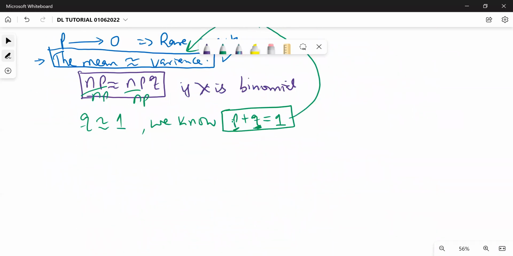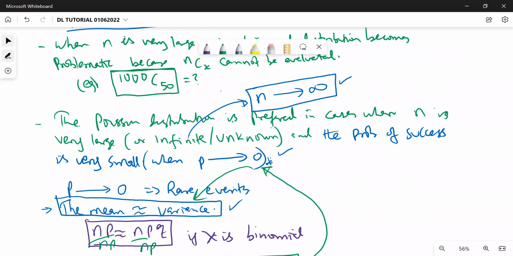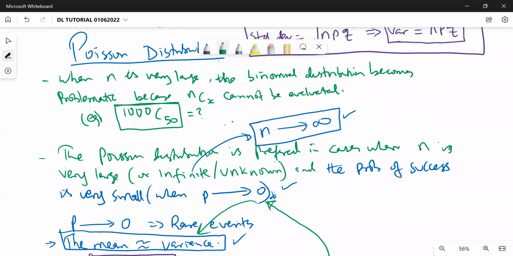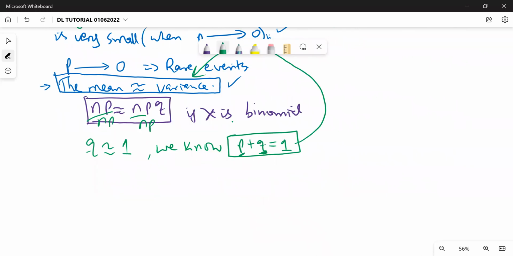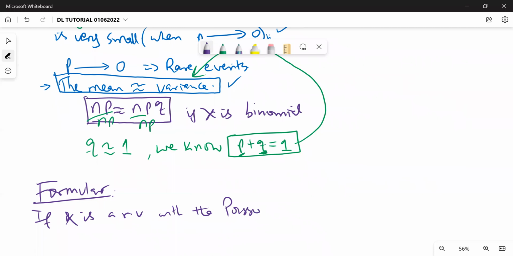Now, I guess we're able to pick the three main properties for the Poisson distribution. Then the formula that we use for the Poisson distribution is as follows. If X is a random variable following the Poisson distribution with mean lambda, with the mean given by that symbol lambda.